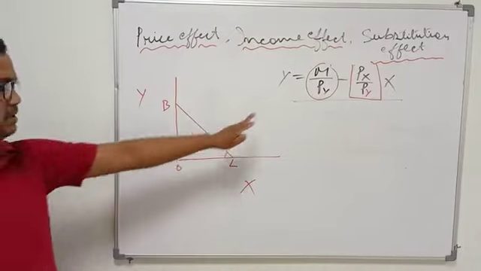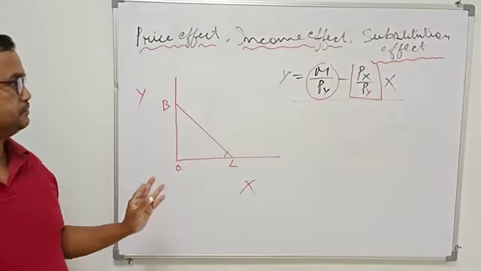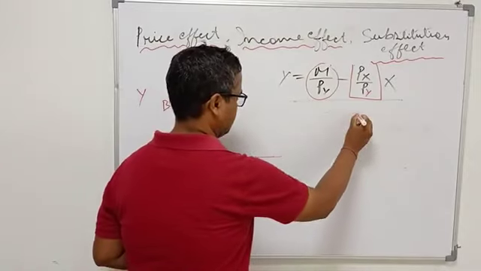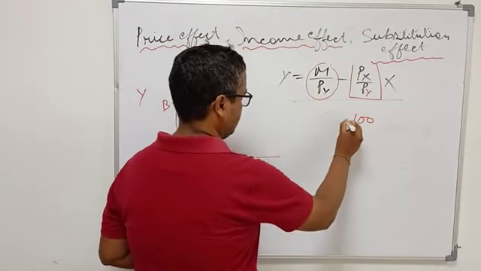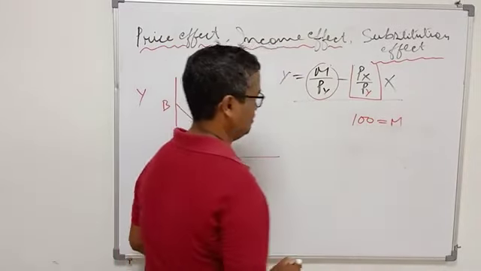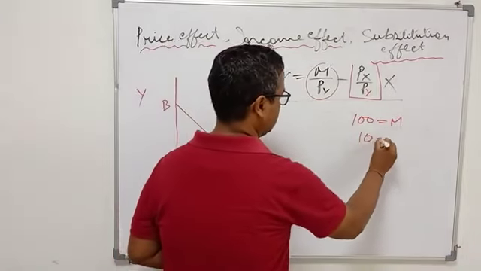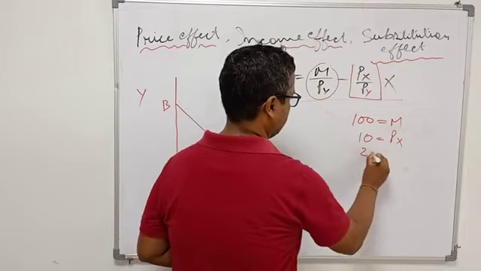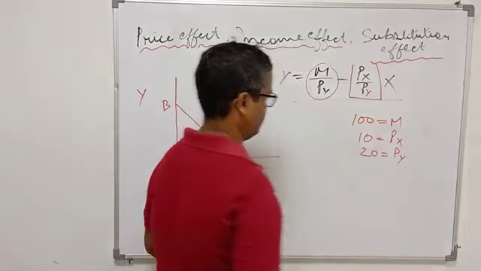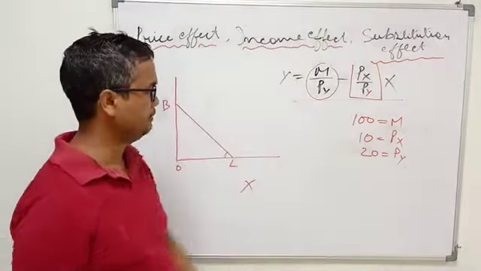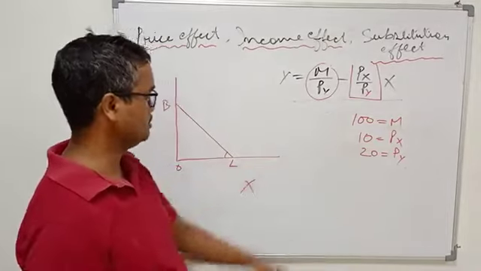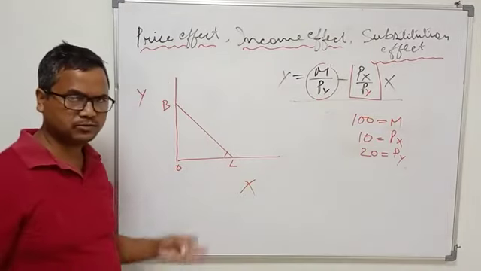Suppose in our original example you have 100 rupees as your income. 10 rupees is the price of x and 20 rupees is the price of y. We are just taking the same example. Suppose I don't want to consume y, I want to consume only x.